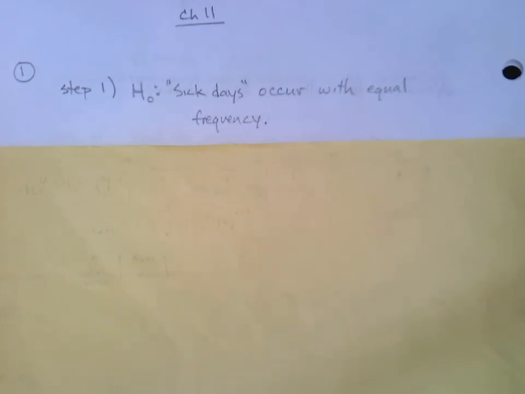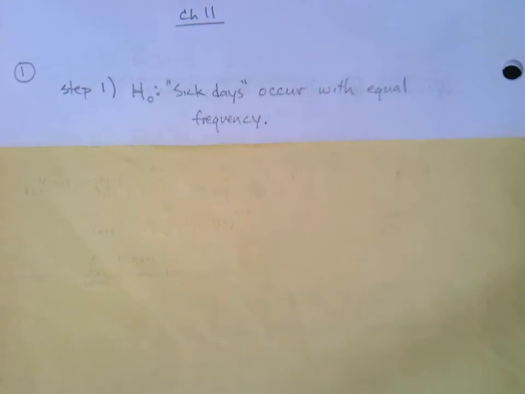But the employer is going to assume that people are sick equally through the week, and at the end it says, conduct a hypothesis test to decide if the number of days that most employees call in sick occur with equal frequency, and use alpha equals 0.05.